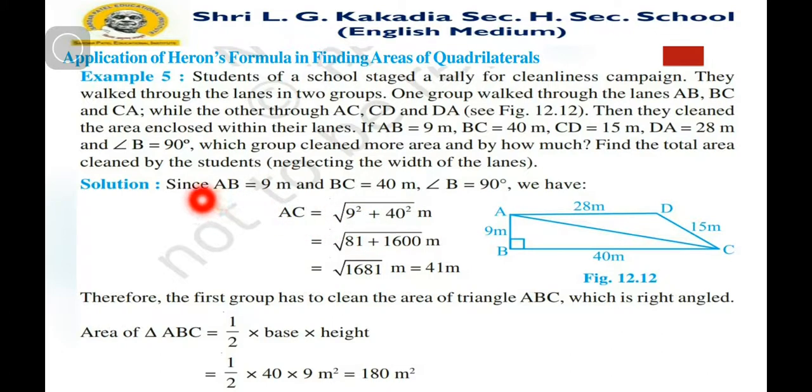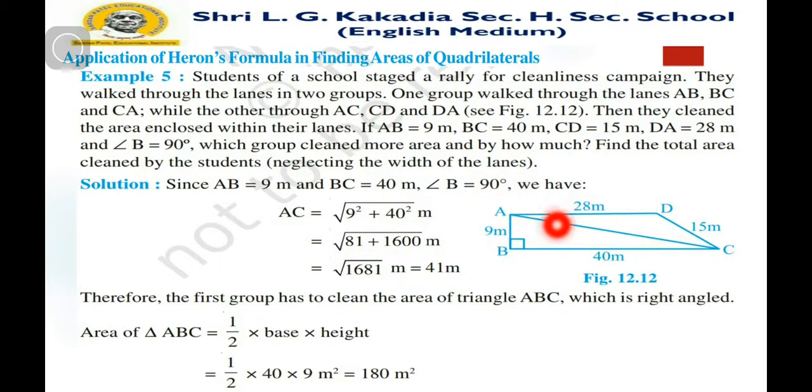Since AB is equal to 9, BC is equal to 40 meters, angle B is equal to 90 degrees, we have AC equal to square root of 9 squared plus 40 squared meters, which is equal to square root of 81 plus 1600 meters, which is equal to square root of 1681 meters, which is equal to 41 meters. So we have AC equal to 41 meters. Now we have all the sides of these two triangles, so we can find the areas.